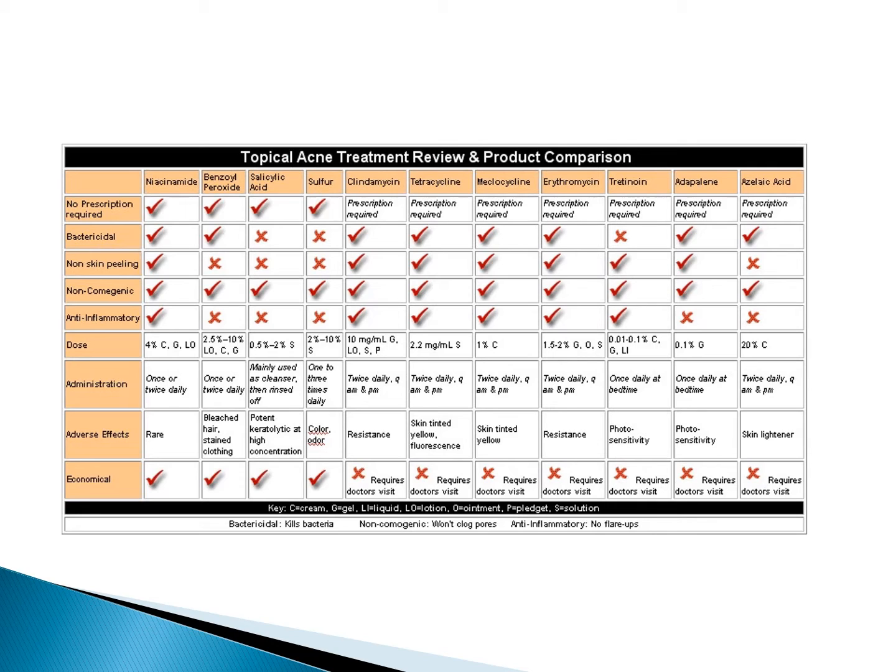So by reviewing this, you may get a better synopsis of what you would like to go with. Although I would say that you've probably already tried benzoyl peroxide and salicylic acid, and that's why you're pursuing further evidence to see if you can get a better effect. However, this is a good graph to get a grasp of what some of the current treatments are, and how to go about treating yourself more.